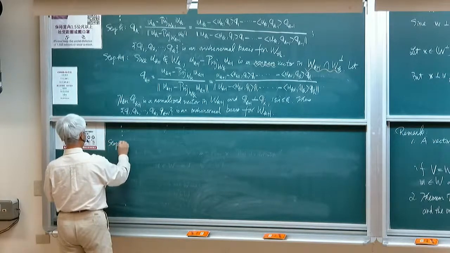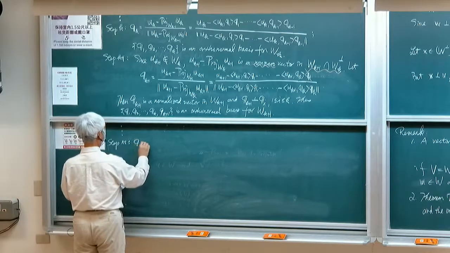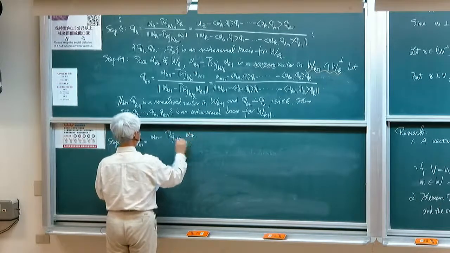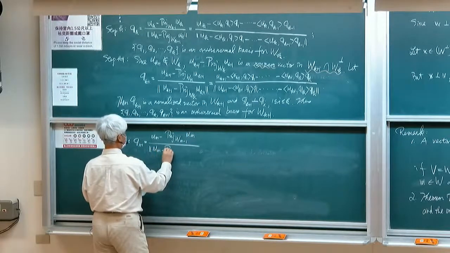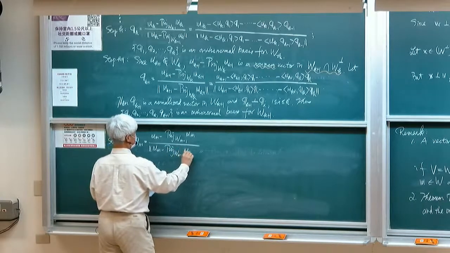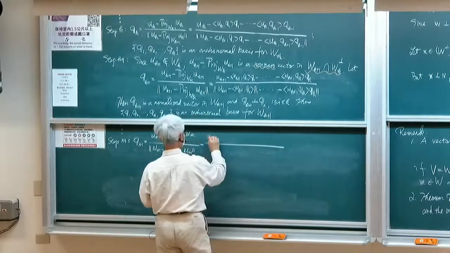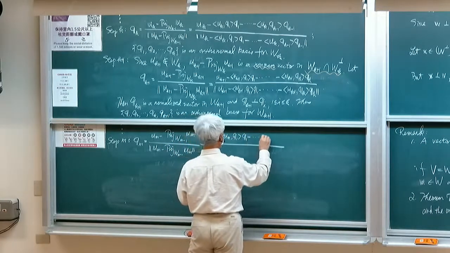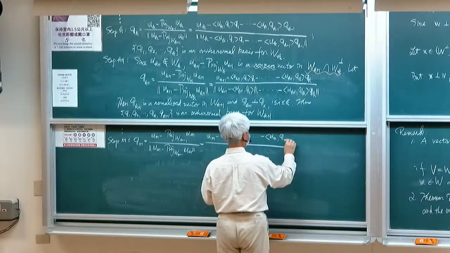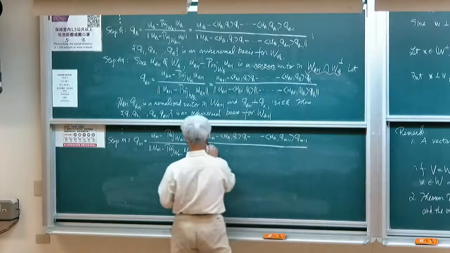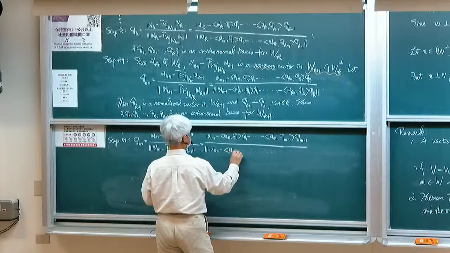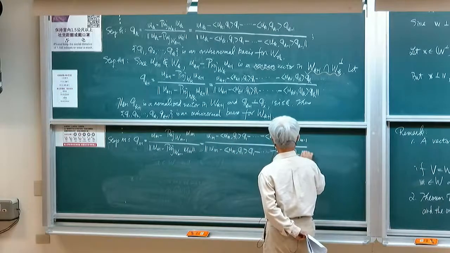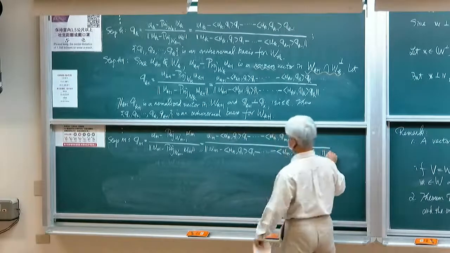Finally, at step m we have Qm, which is Um minus the projection onto W_{m-1} of Um, which is Um minus <Um, Q1> Q1 minus ... minus <Um, Q_{m-1}> Q_{m-1}.